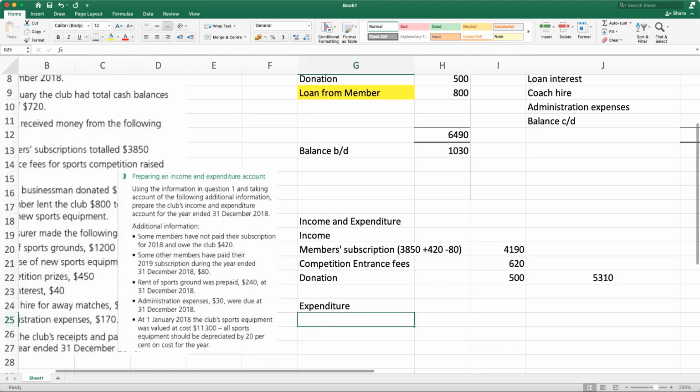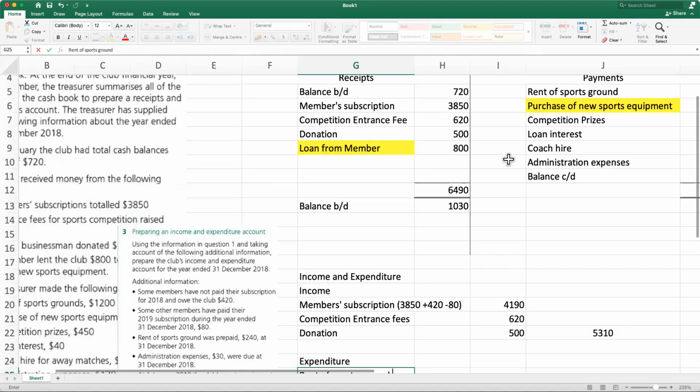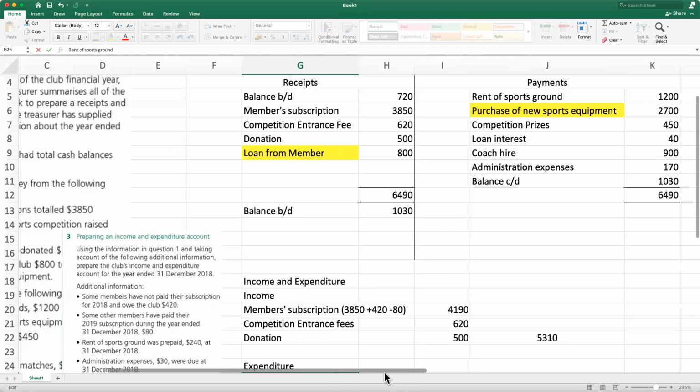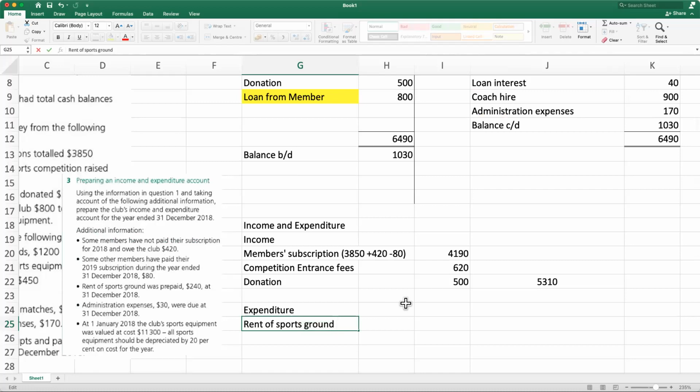Now look at your expenditure account. We need to look at rent of sports ground. Initially, it is a total of 1,200, but we need to adjust that amount because it is not correct. 1,200, we need to minus off 240.